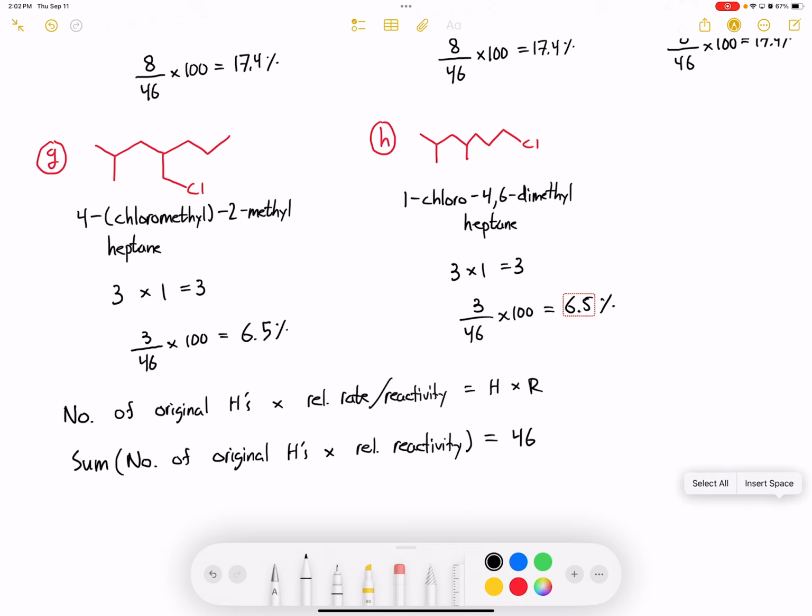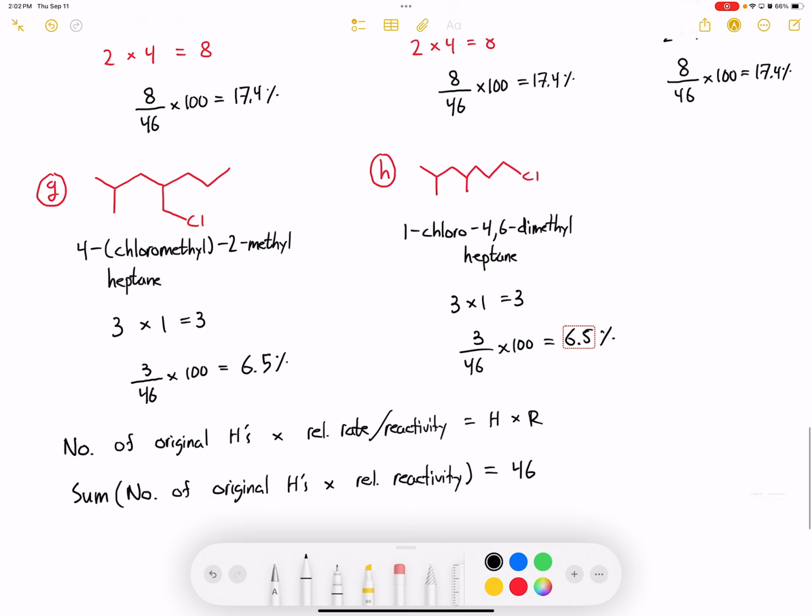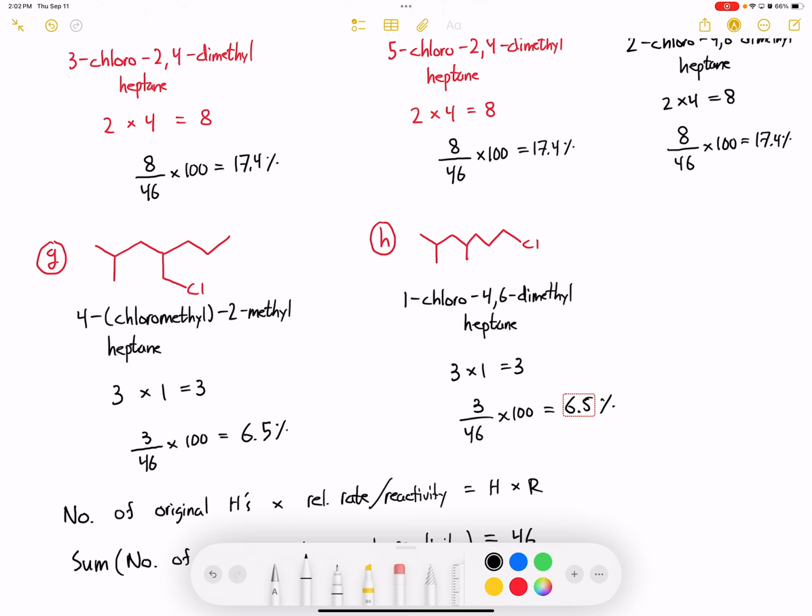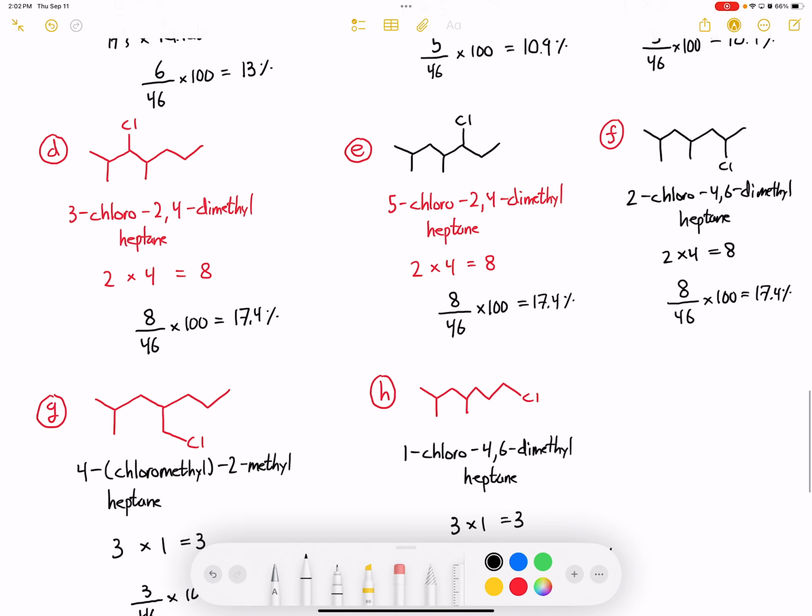And if you add the percentages, they do give you 100%. Okay? So we could kind of summarize here. The primary ones have the lowest percentage. The secondary ones had the highest yield, okay? But it's only 17.4%. So you've got to think for chlorination, the number of hydrogens and the relative rate are both important. Because look here, we had 8 products, right?